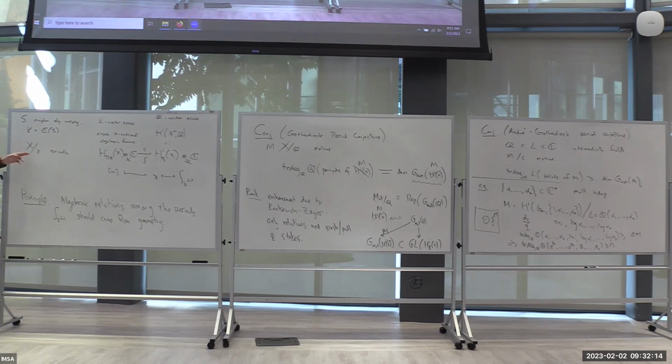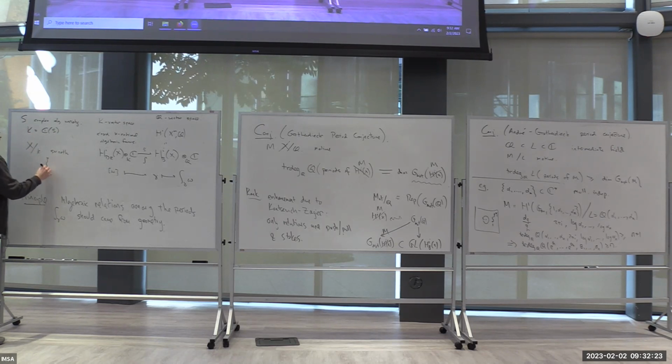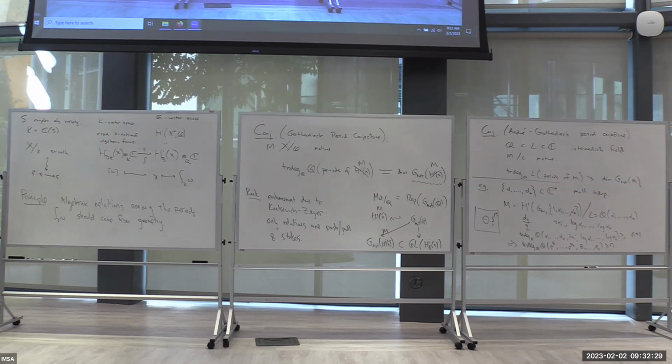And once again, we're taking varieties over K. Smoothness is not necessary, but sometimes it's useful to think about that case. We think of varieties over K as interchangeable with actual families over S, up to shrinking S.